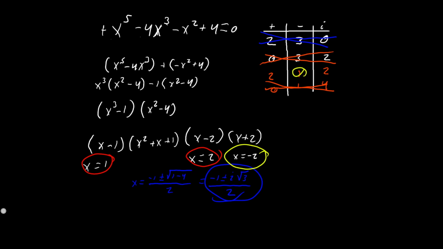So our third table was correct in suggesting that we have 2 positive, 1 negative, and 2 complex solutions. So that is that for this video, and I hope you enjoyed, and thanks for watching.